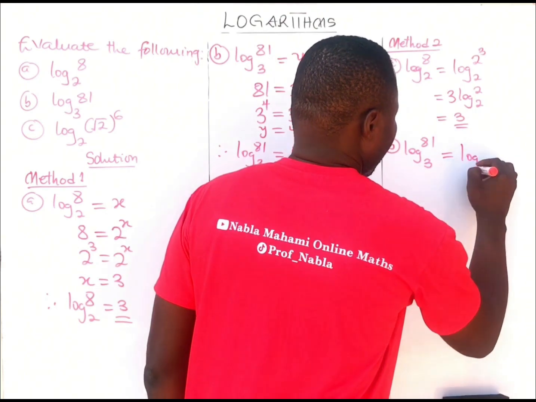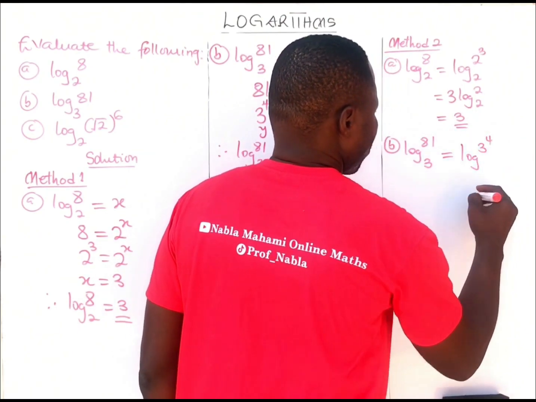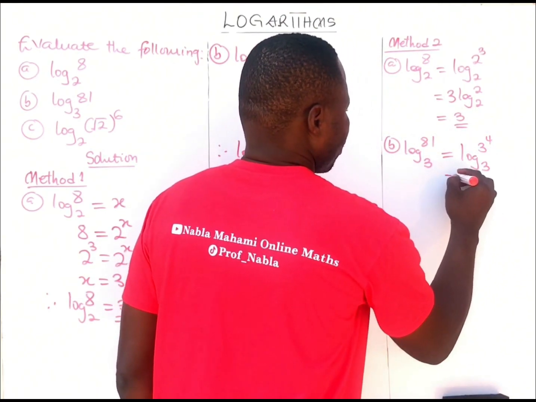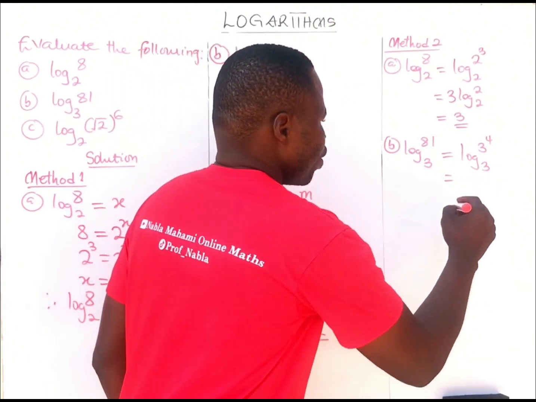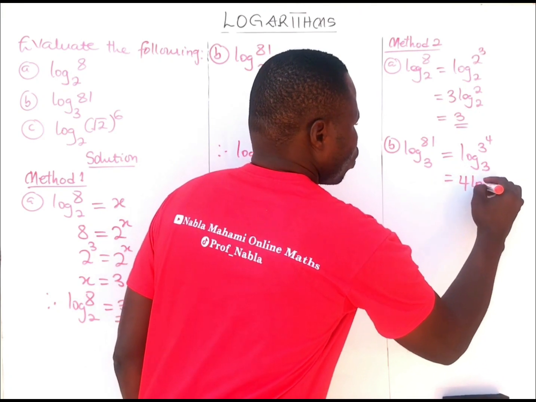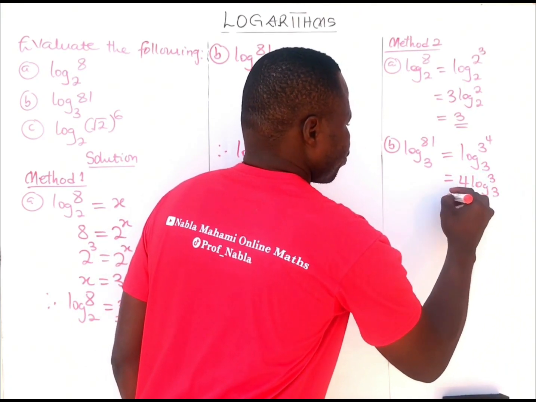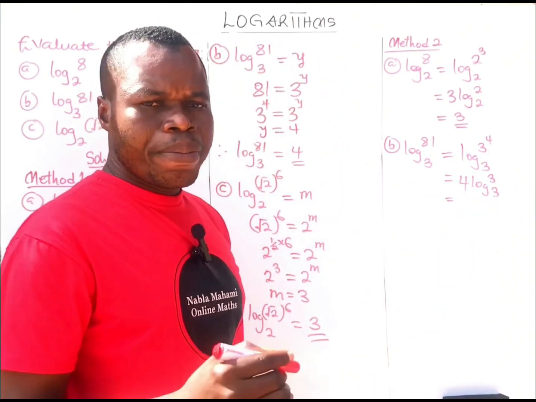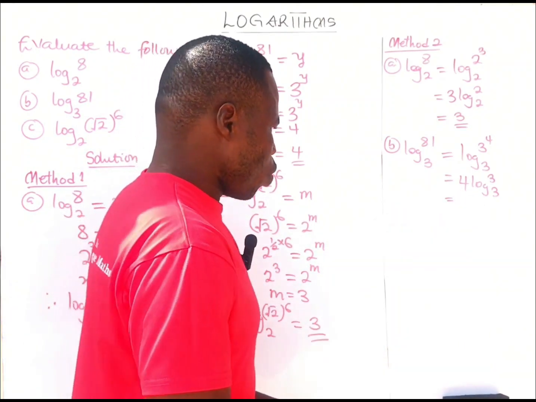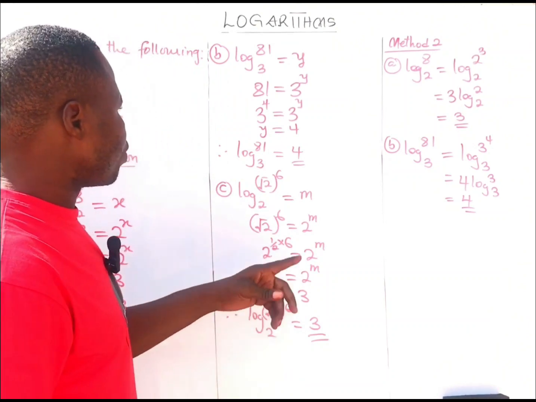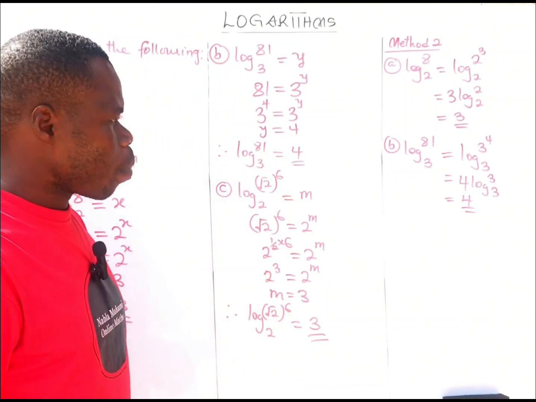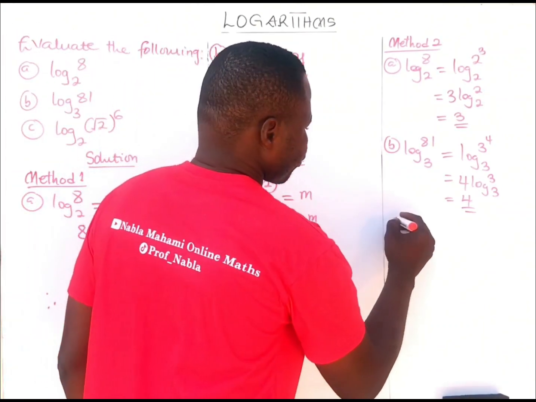That will be log 3 exponent 4 base 3. And from the third law of logarithms, this is the same thing as 4 log 3 base 3. And log 3 base 3 is 1. 1 times 4 is 4. And you can see that the answer there too is the same thing as what we have in method 1. Then let's take C.